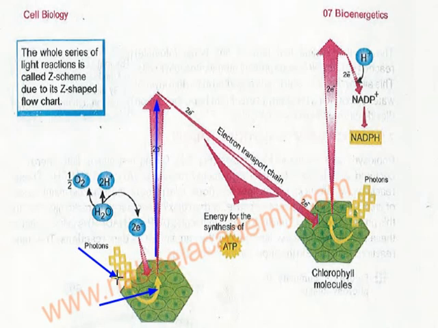Photons are present in the light, so because of the light the electrons get excited, and these are emitted. Emitted means they are released. Electrons are passed into the chain. Which chain? Electron transport chain, ETC, and it produces ATP. See here, these electrons are transported to the electron transport chain, and the production of ATP is seen here.